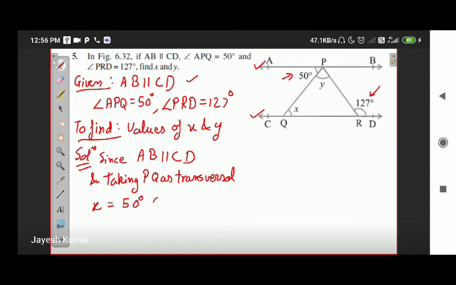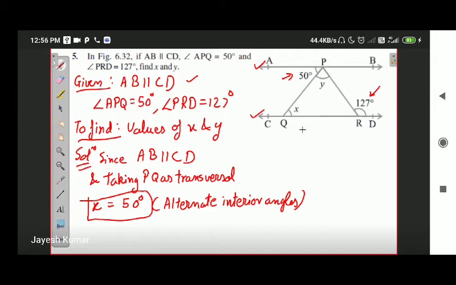Why? Alternate interior angles. Okay, so we have determined the value of X. Next, we have to find out the value of Y.